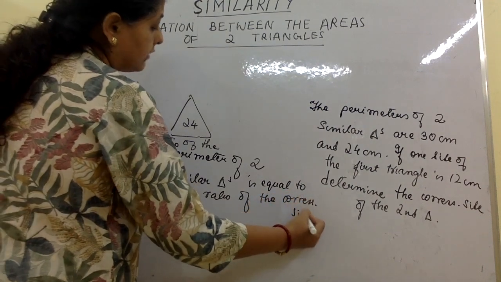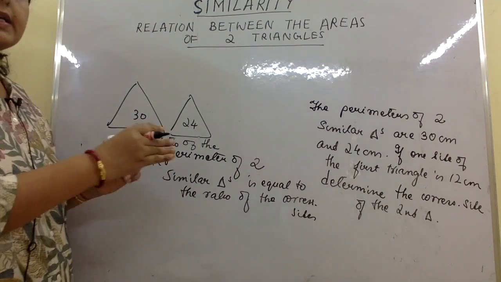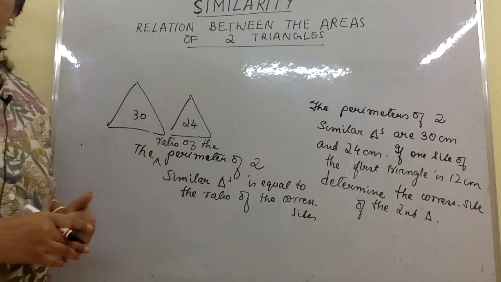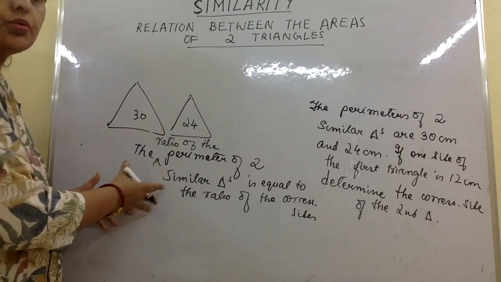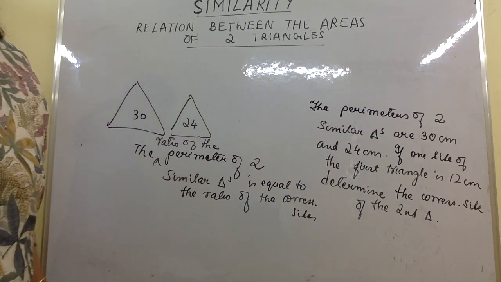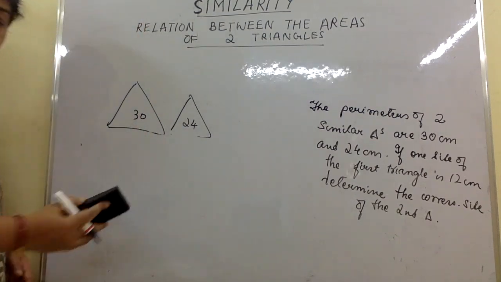Now here I want to remind you, it is not the square of the corresponding sides, it is the corresponding sides straight. So this sum is actually a very small one if you know this particular theorem. So let us then find it. It is going to be a very straight question.